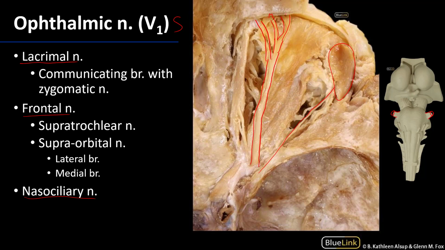These medial and lateral branches will sometimes go through the supraorbital foramen or supraorbital notch of the skull, and they are afferent from the lateral forehead and lateral aspects of the palpebrae and conjunctiva, and are also afferent from the frontal sinus as well.